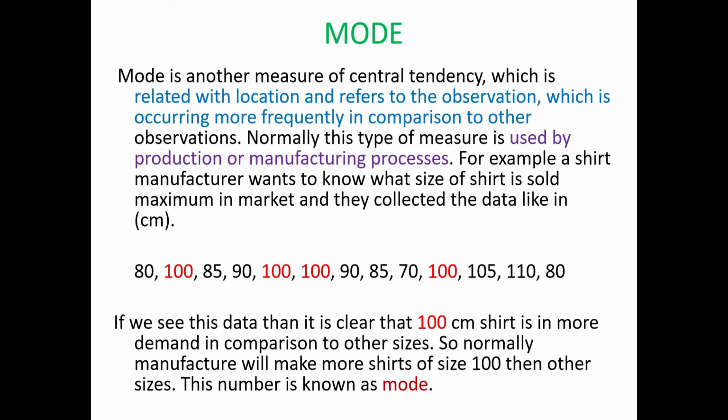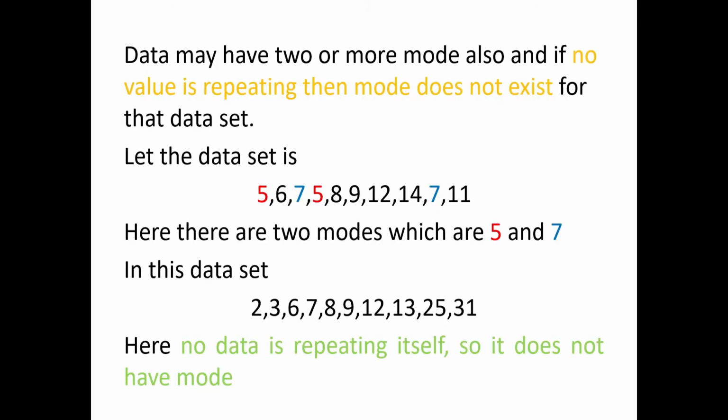So this number is known as the mode, which is occurring the maximum number of times. Now, data may have two or more modes, that is also possible. If no value is repeating, the mode does not exist. That is also possible.